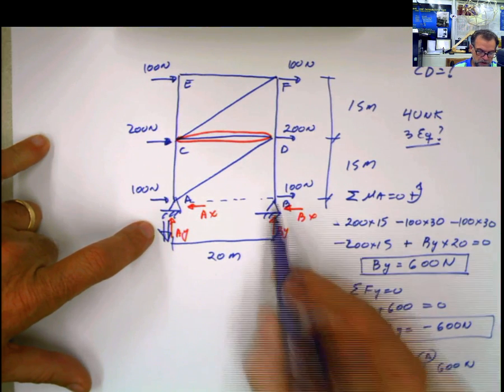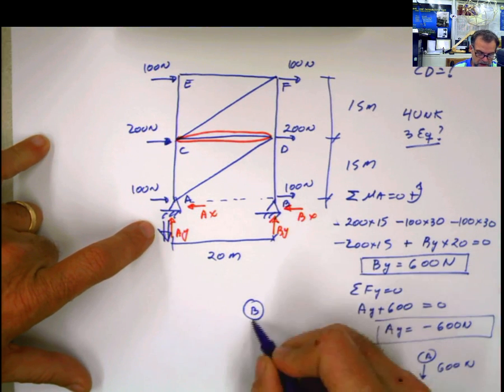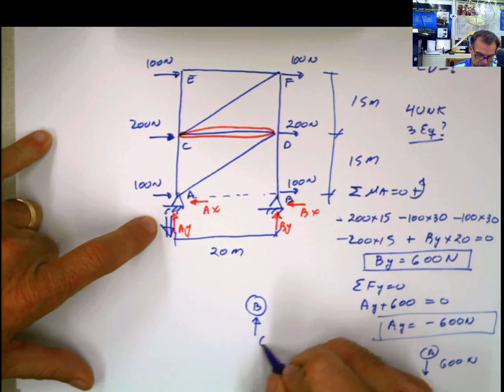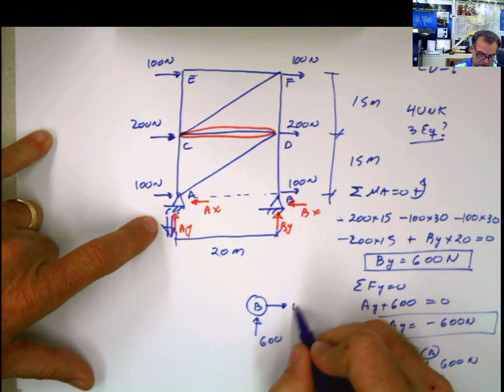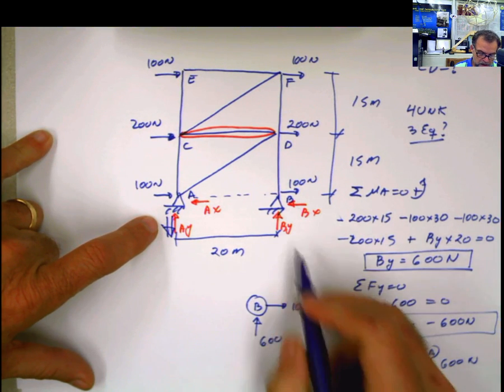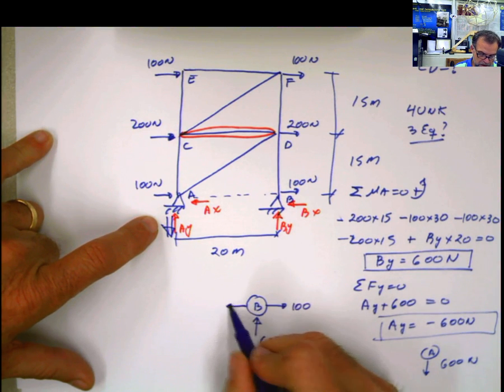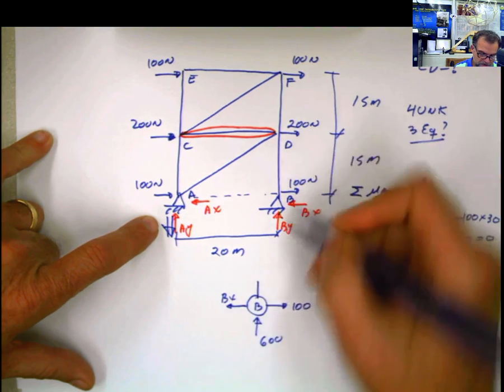When I come to this joint, you can see that this is the joint B, and I'm going to have this force here of 600 that we already calculated, and then I have this force of 100 Newton here. That means that the reaction at BX should go in this direction, and this is the other force that I have, which is the force BD.